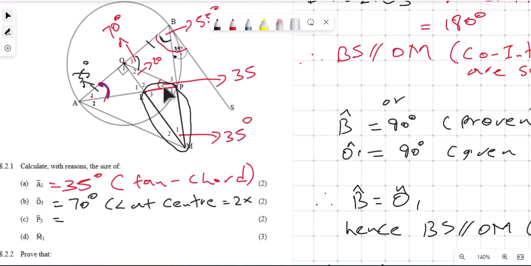Looking at this angle, why are we saying they are equal?